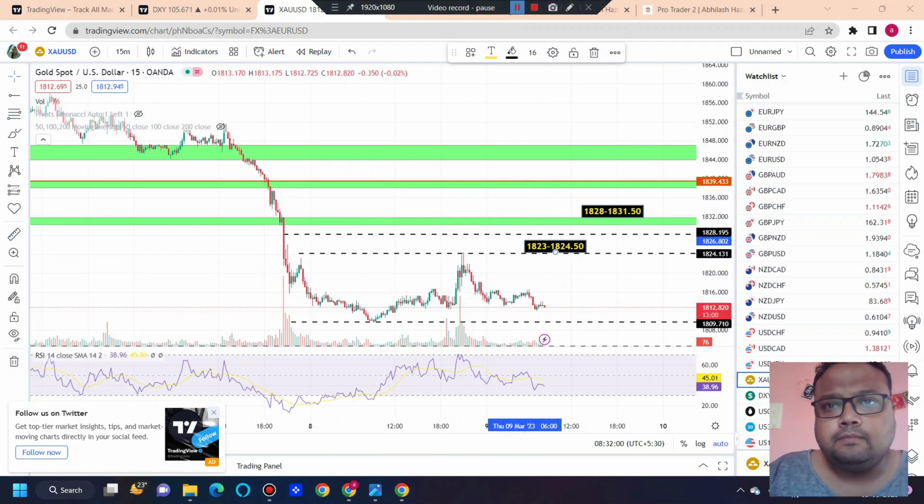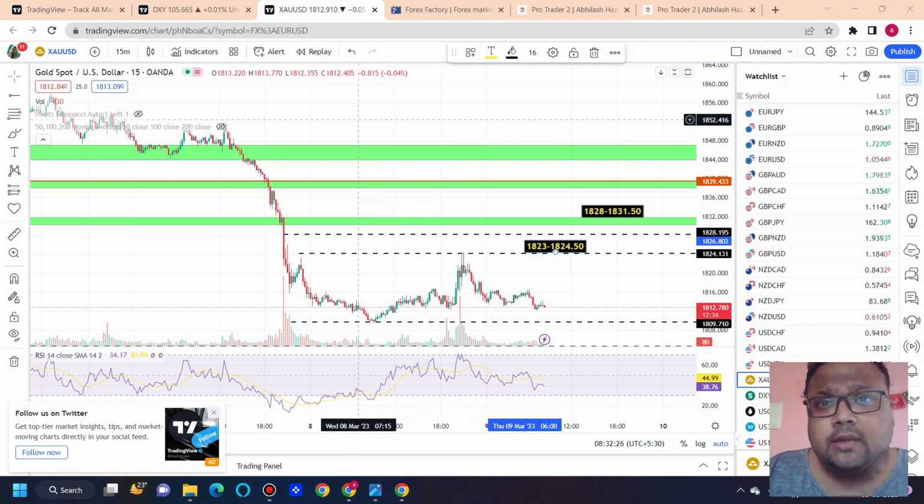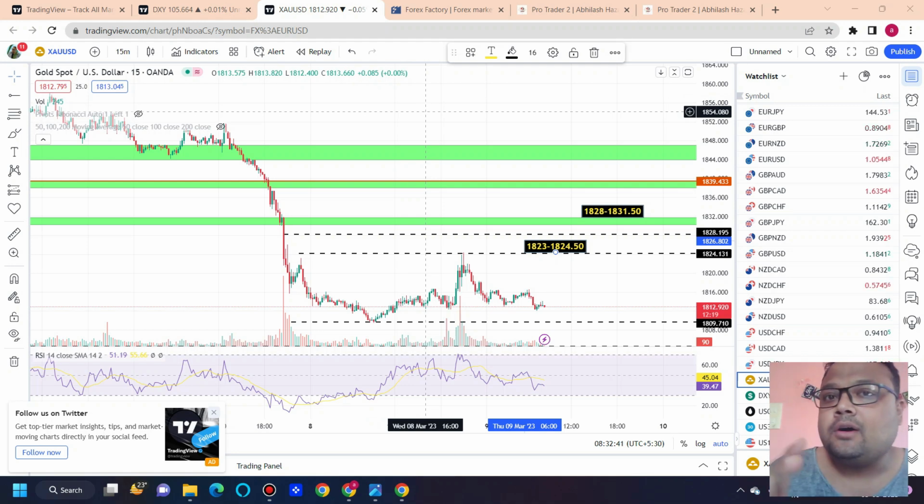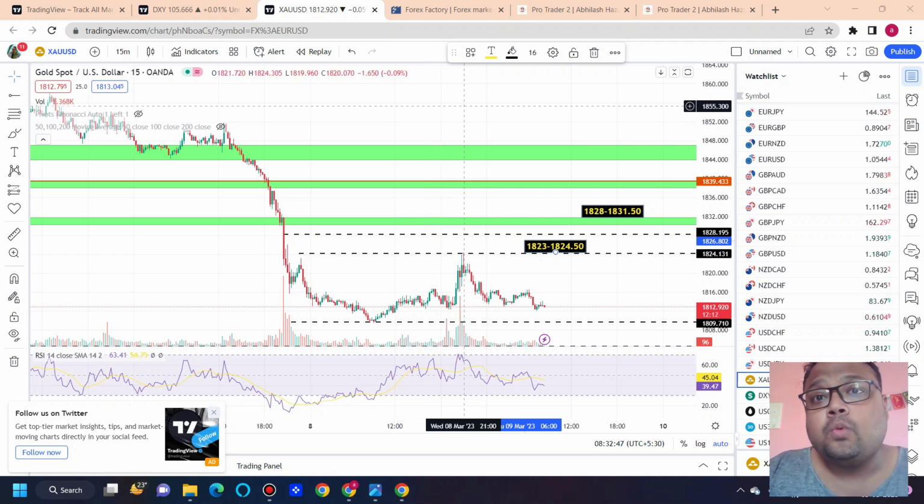In fact, we have already seen on the monthly chart that for the last 40 to 50 years, since 1975, gold has not shown any bullish strength or given a bullish closing green candle on the monthly chart. As a result, the sentiment is bearish, because March is considered the worst performing month for gold.